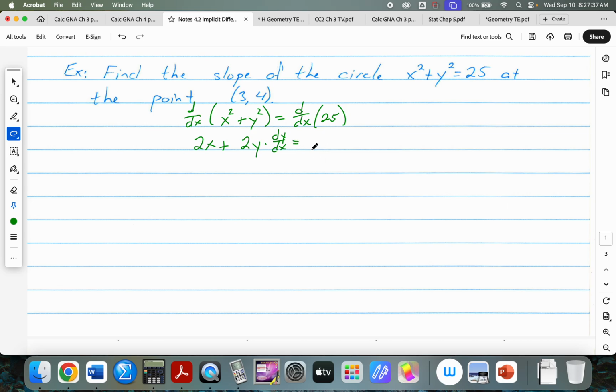Is equal to the derivative with respect to any variable of a constant like 25 is going to be 0. Then we'll solve this for dy dx. So I'll subtract the 2x and then divide both sides by 2y.